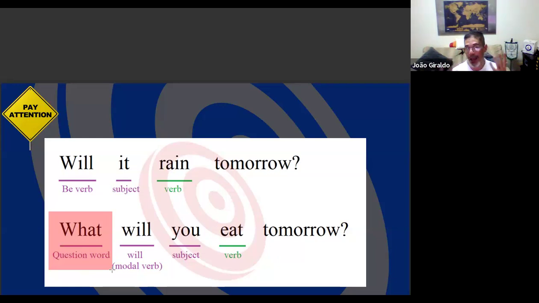But every time we have a WH word, or a question word, it always comes at the beginning of the sentence. So you use what, where, when, how, then will, the subject, the verb, and the complement, like in this example. My sentence: what will you eat tomorrow?